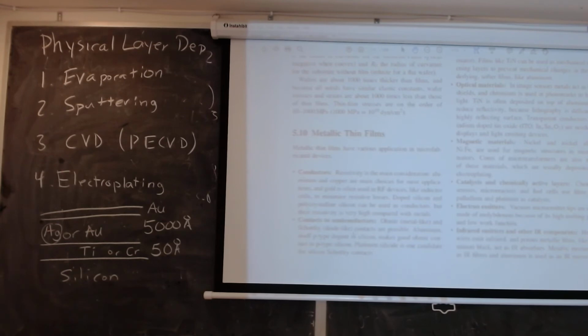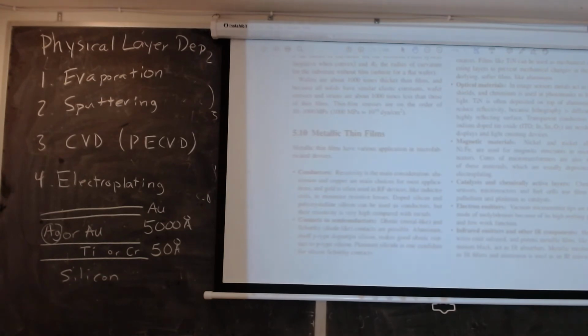But basically a Schottky contact is where, for whatever reason, a straight metal like titanium gold makes a good ohmic contact. And without going into semiconductor physics, I can't tell you why that's true.